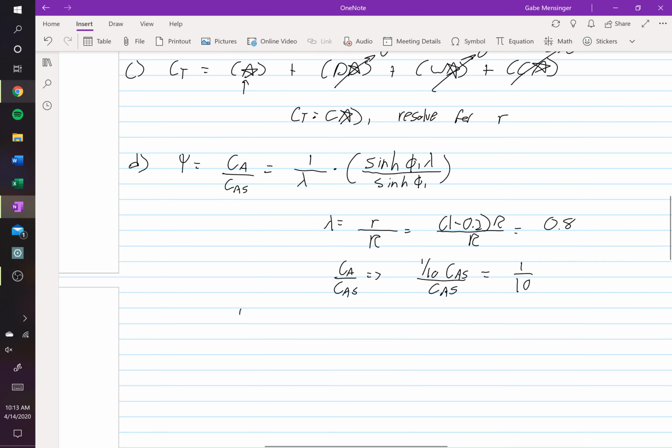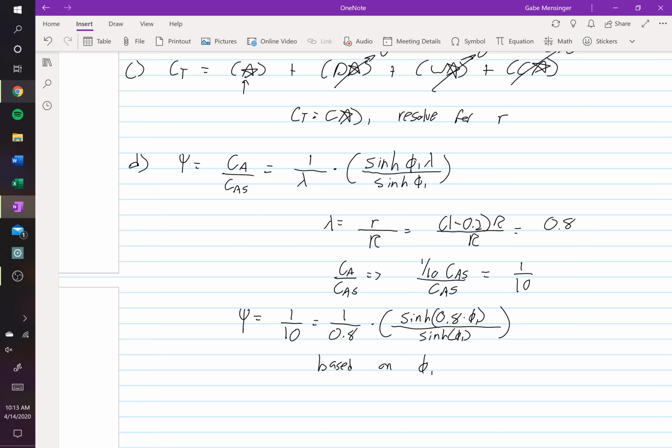So you'll get that xi is equal to 1/10, which is equal to 1 over 0.8 times hyperbolic sine of 0.8 times the Thiele modulus over hyperbolic sine of the Thiele modulus. And then you're going to use some sort of solver to solve for the Thiele modulus.